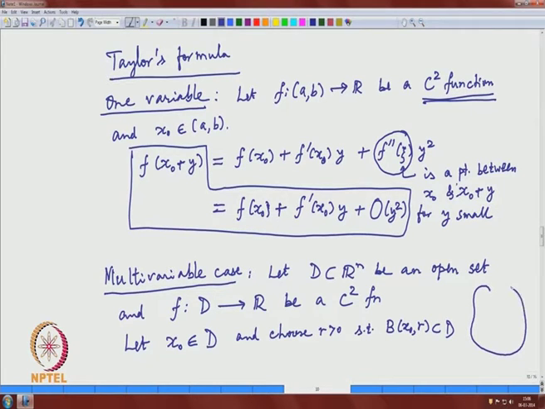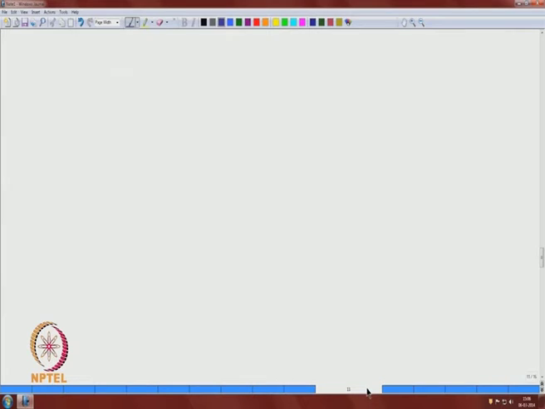So, D will be something like that, x 0 is here and I am just taking a ball of radius R, that is fine. Now we are just picking y there, so pick any y in B(x 0, R). Okay, so define.